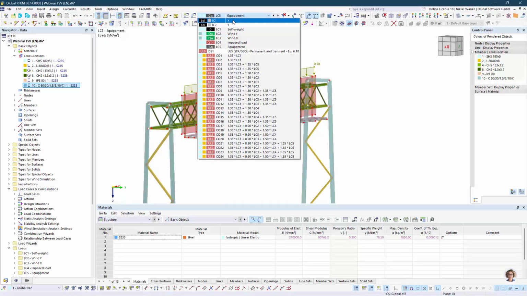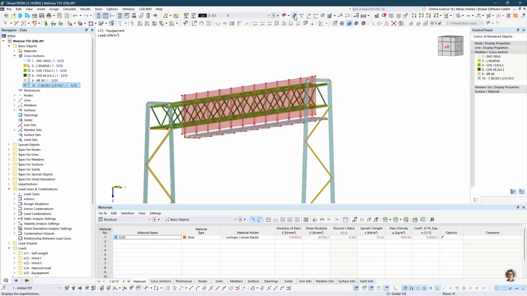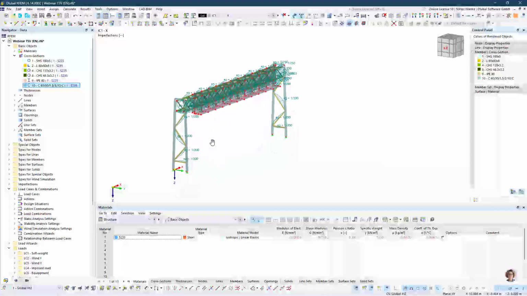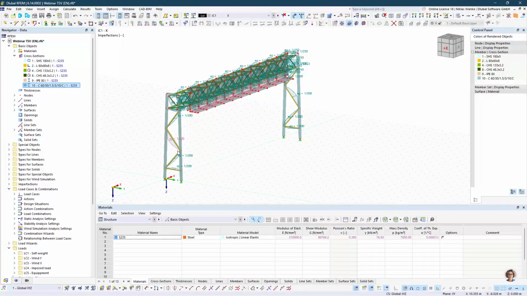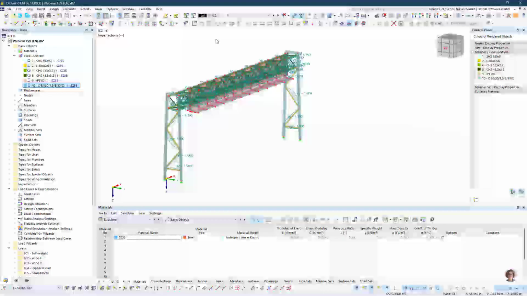I also considered two imperfection cases, but I don't want to go into detail too much for these imperfections. It's just a really basic local imperfection in two directions.